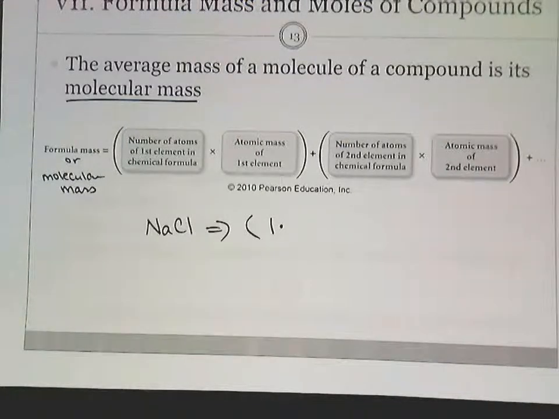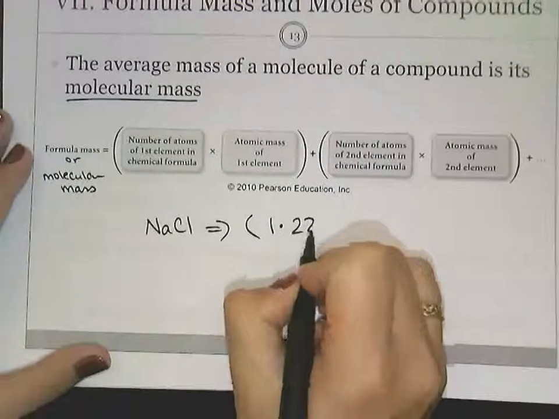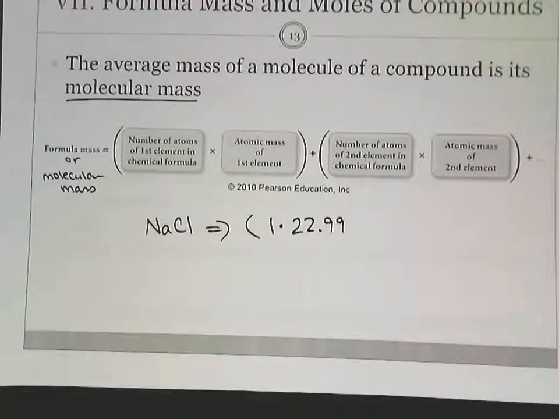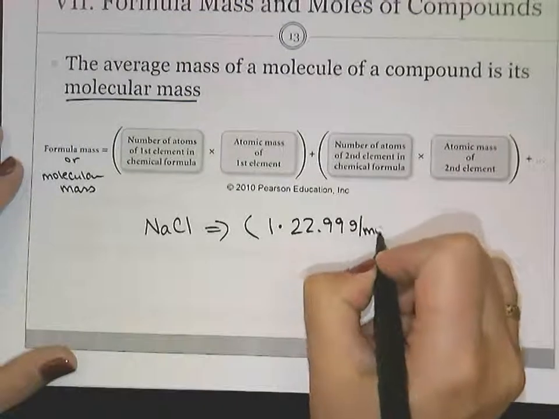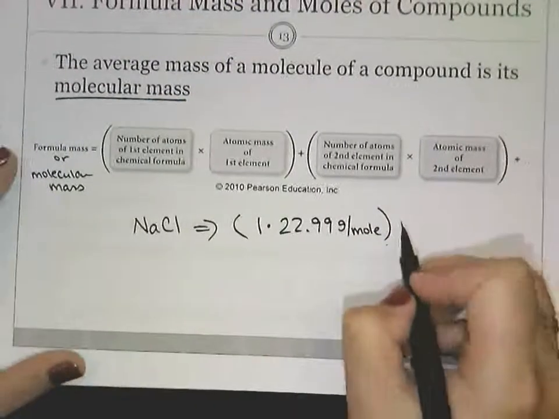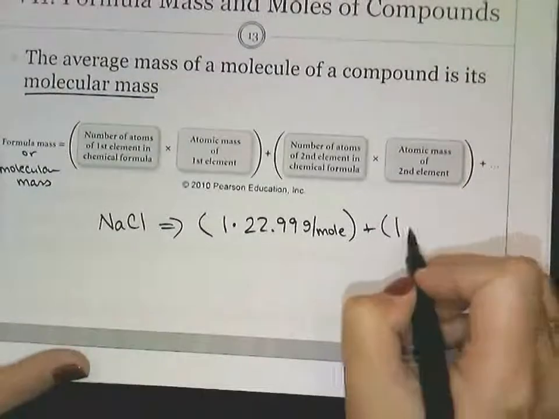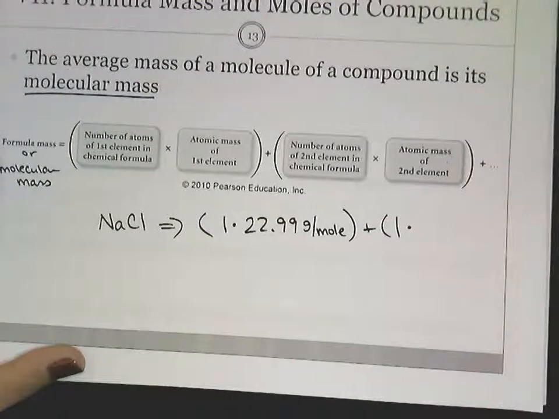And so for sodium, I'm going to do some rounding, 22.99. And what units does that have? Either AMUs or the more useful unit, grams per mole. And then we have 1 chlorine, and it's 35.45.